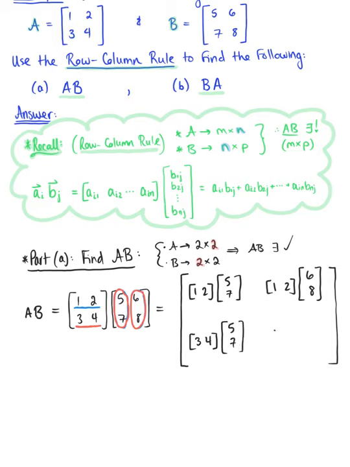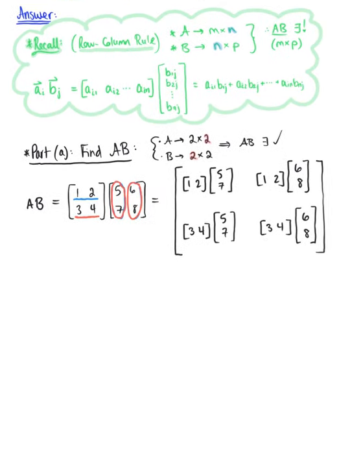And last but not least, we have the second row of matrix A, 3, 4, multiplied by the second column of matrix B, 6, 8. So now we're ready to perform the dot product in each case.